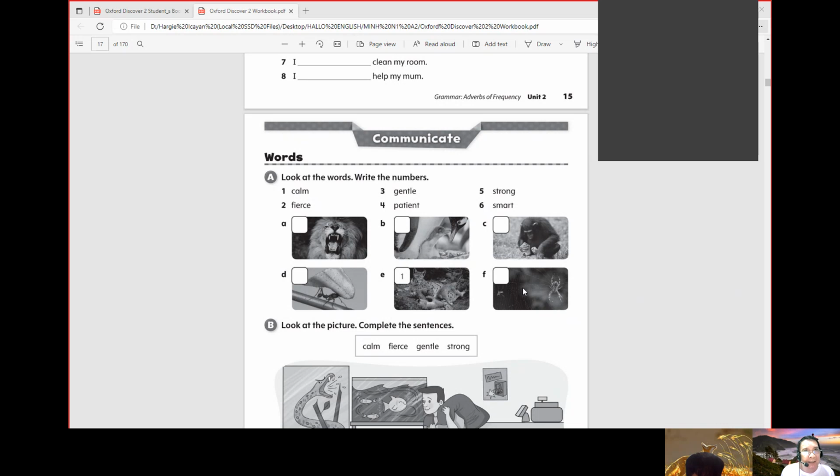Okay. Why is it patient? What do you think the characteristic of a spider is? Patient. What makes it patient? Because it waits for so long for the food to eat, right? It's just making, what do we call this?